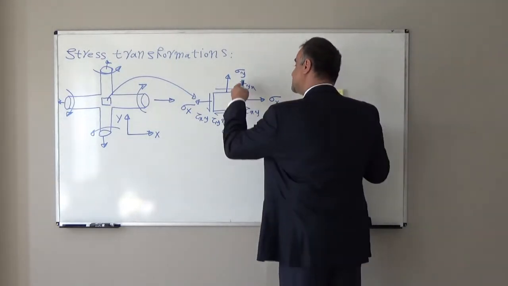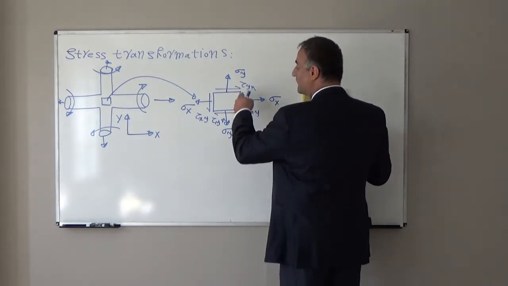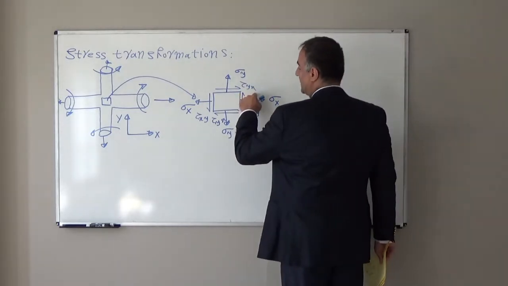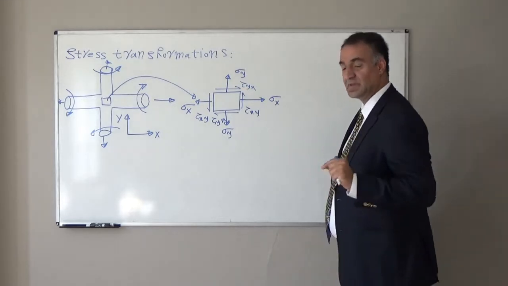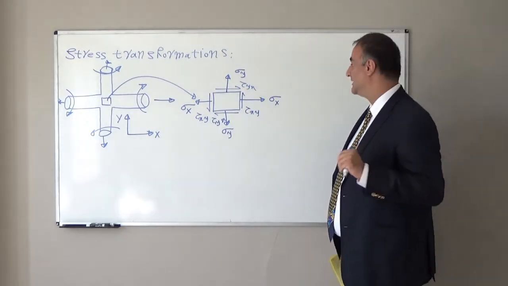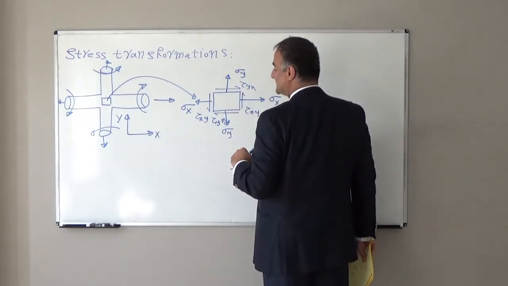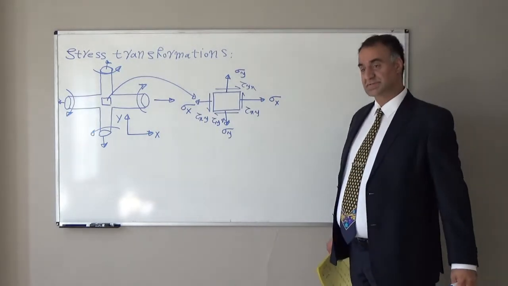X means it is on the x face of the element. Y means it is in the y direction. Why do we call this tau yx? Tau means it is shear stress. Y means it is on the y face of the element. X means it is in the x direction. So this is the way we name these stress components.